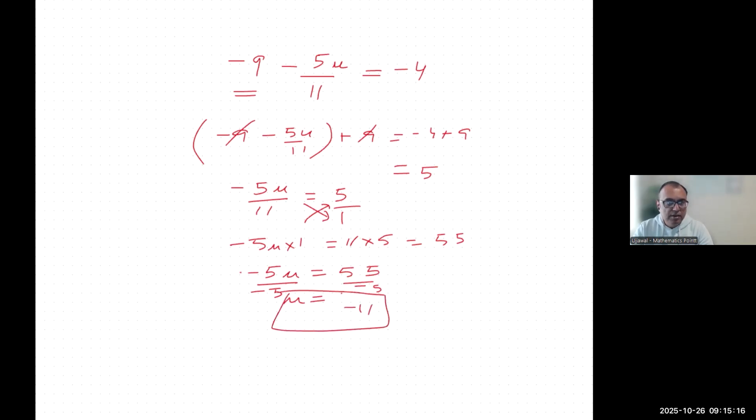From here, I think someone pointed it out, you can have multiple ways. You can have 5u over 11 equals 5. Now you can get rid of this 5 on both the sides by dividing, and you've got u equals negative 55 over 11.